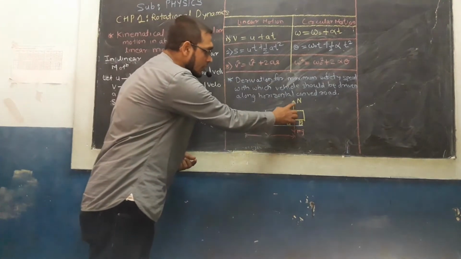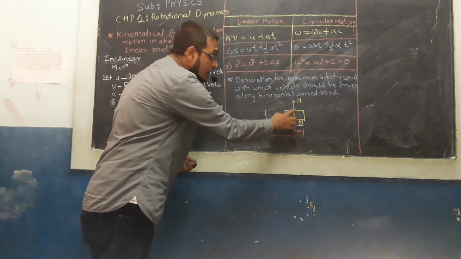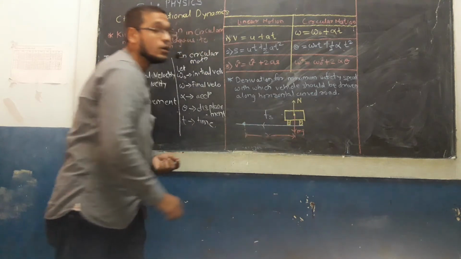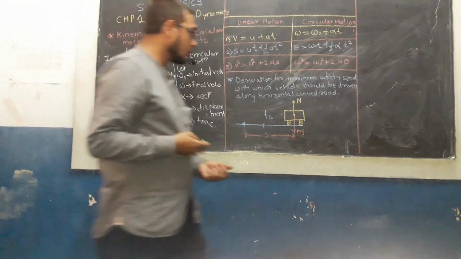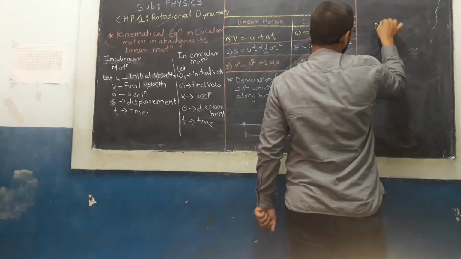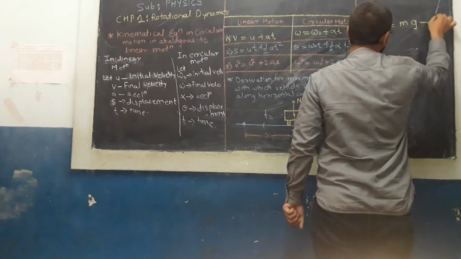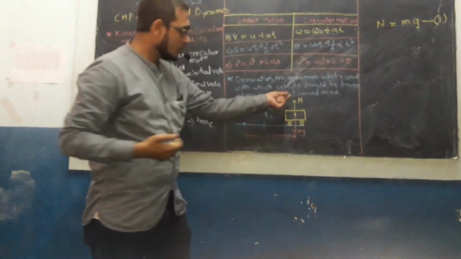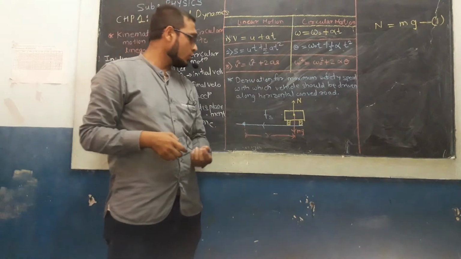From the figure it is clear that normal reaction balances weight mg. So from this we can write our first equation: normal reaction balances weight mg, so N is equal to mg.